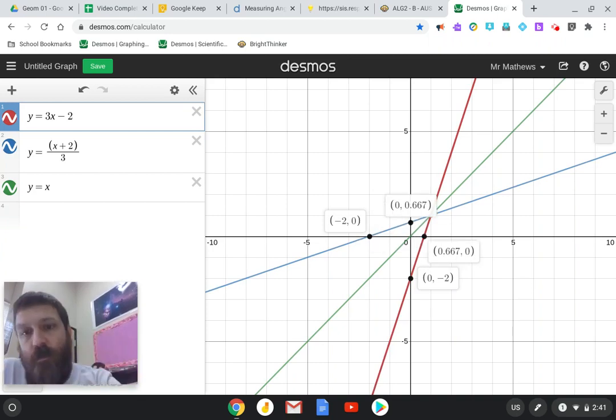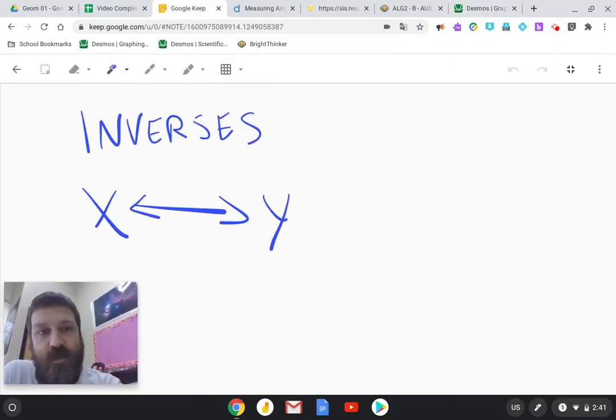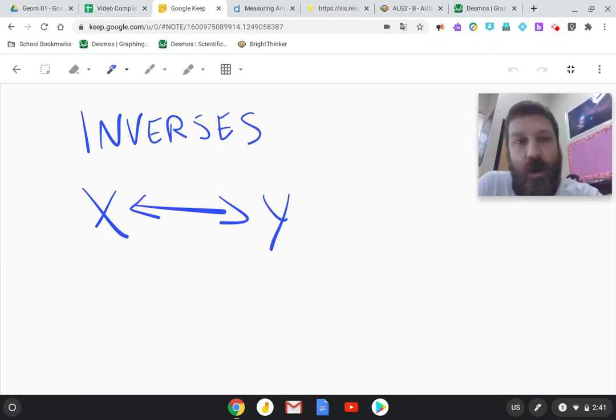Oh, look, those 2 points are also exact opposite points, 0.667 and 0.667, 0. So what we found is that each line has all of the xy points switched from the original, which should make sense considering we just said that inverses are functions where the x values and the y values have been switched.